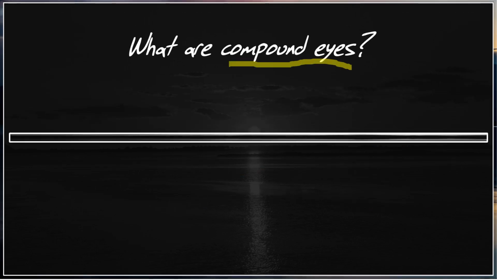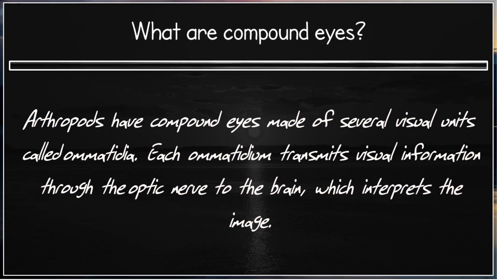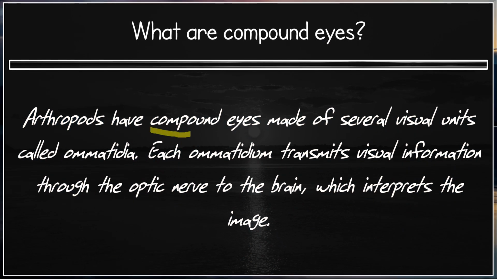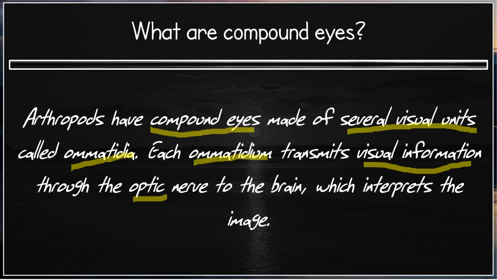What are compound eyes? Arthropods have compound eyes made of several vision units called ommatidia. Each ommatidium transmits visual information through the optic nerve to the brain, which interprets the image.